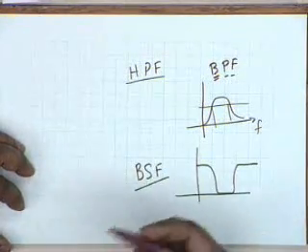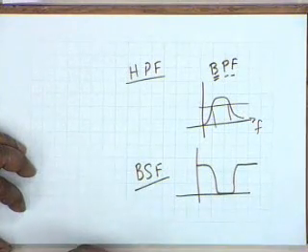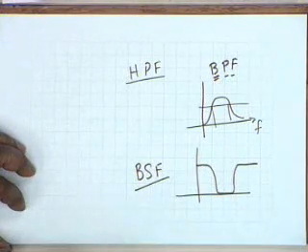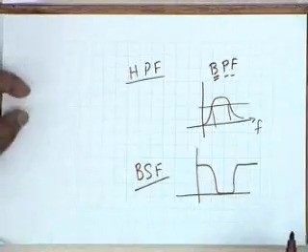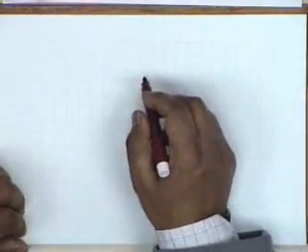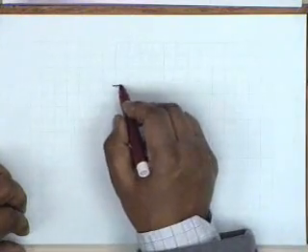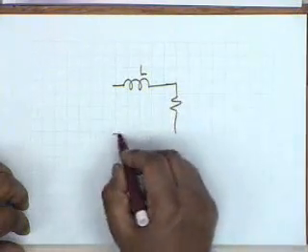And we shall look at some of the elementary filters that one can think of with a very specific purpose. We shall consider a few practical examples of such filters. Let's look at two very simple circuits. One is, let's say, an inductance in series with a resistance.